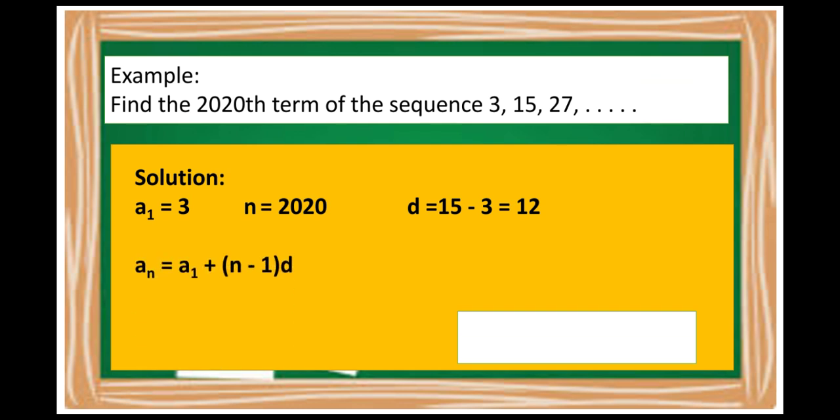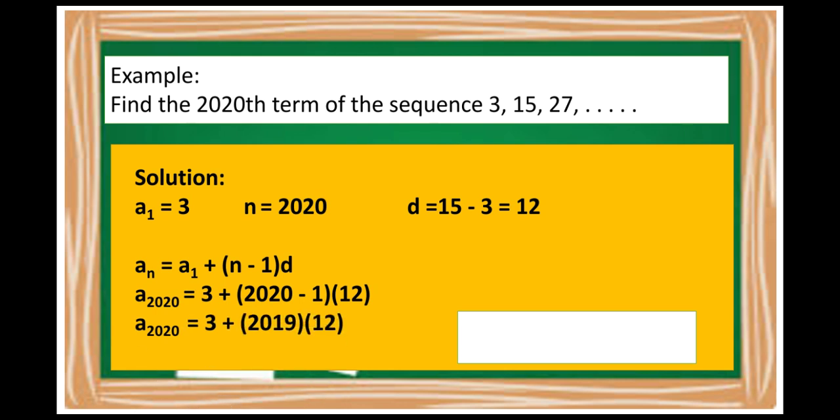So, substituting the values into the formula, we have a sub 2028 is equal to the first term a sub 1, which is 3, plus n, which is 2028, minus 1, times the common difference, which is 12. For further simplification, we have 3 plus 2027 times 12.